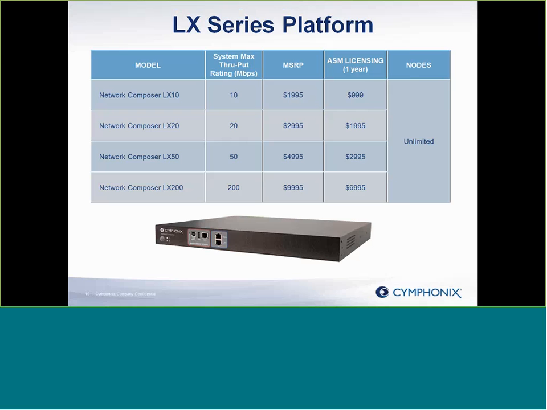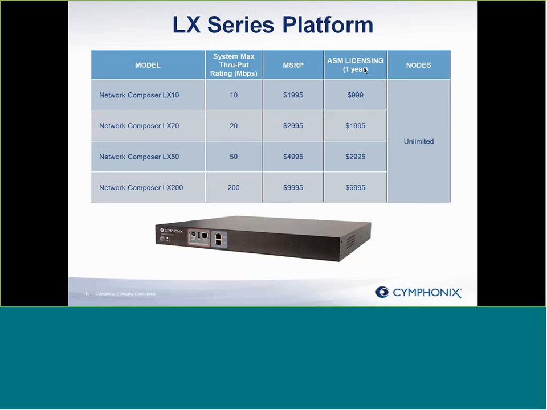And if you have some questions about pricing, this is a pricing sheet of our new product here, an LX series platform. We have several different boxes that range from 10 megabits all the way up to 200 plus. You can see that the MSRP for each is in this column. This is the ASM licensing for each box for just 1 year.